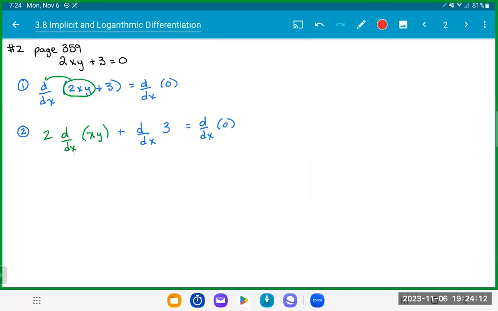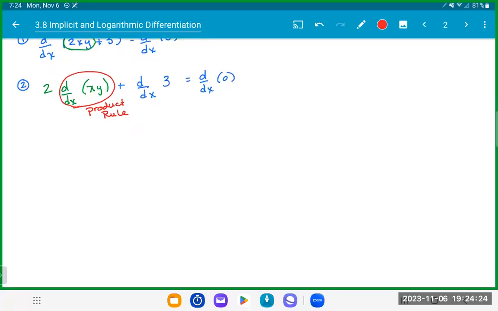Now, this right here, I just use the product rule. When I use the product rule for that, I have f equals x, g equals y. So my derivative of x with respect to x is 1.